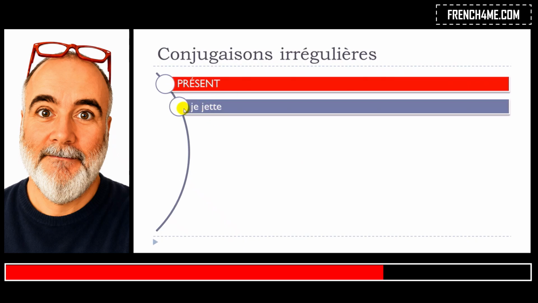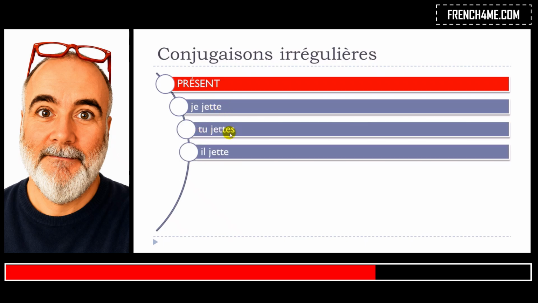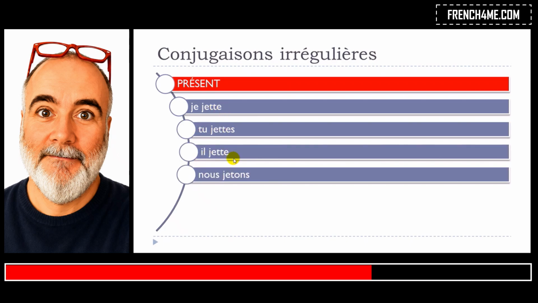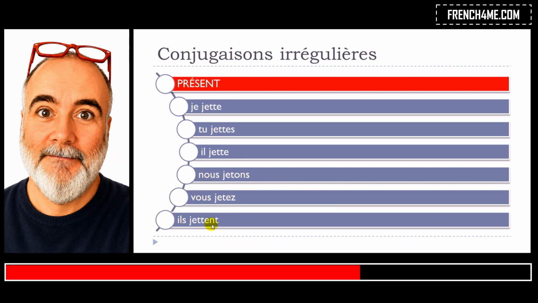It goes like, je jette, tu jettes, il jette, nous jetons, vous jetez, and then ils jettent. So what we can see here is that je, tu, il, and ils will be affected by these changes. The only change that you will have to make is to double the t here.